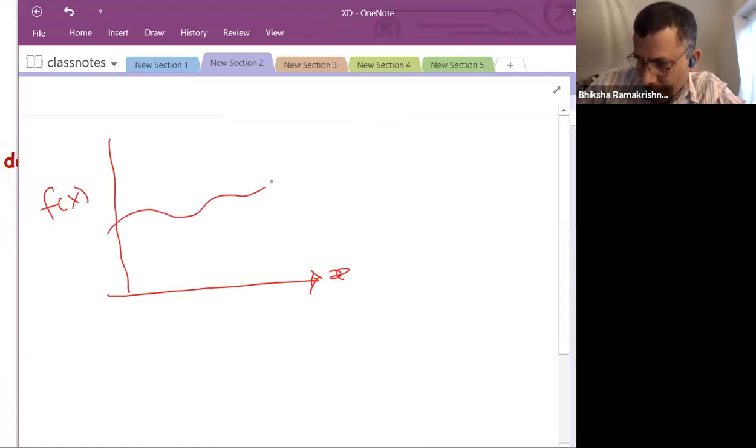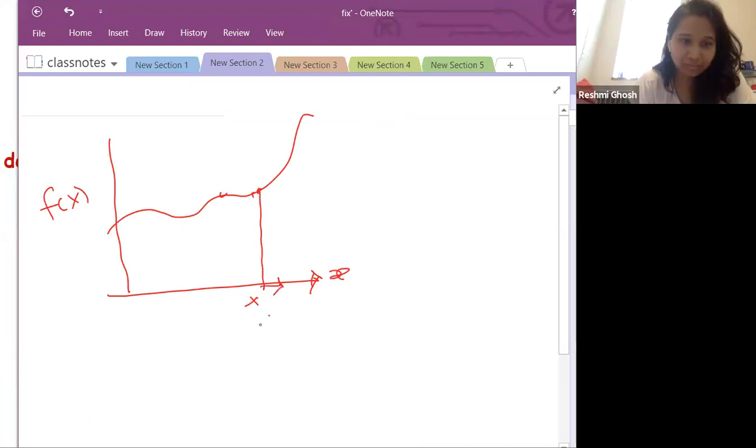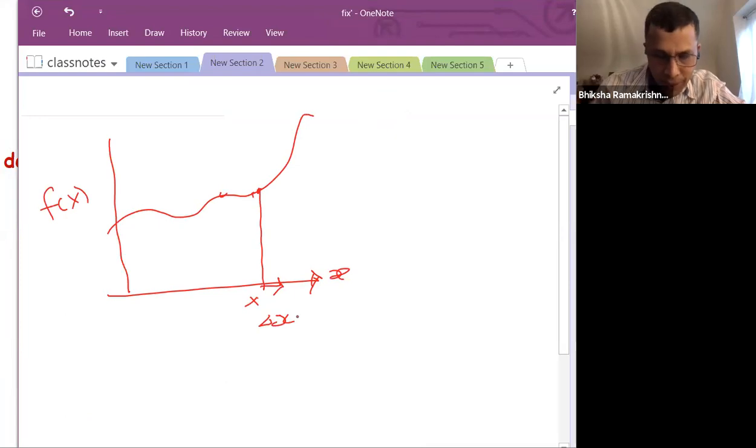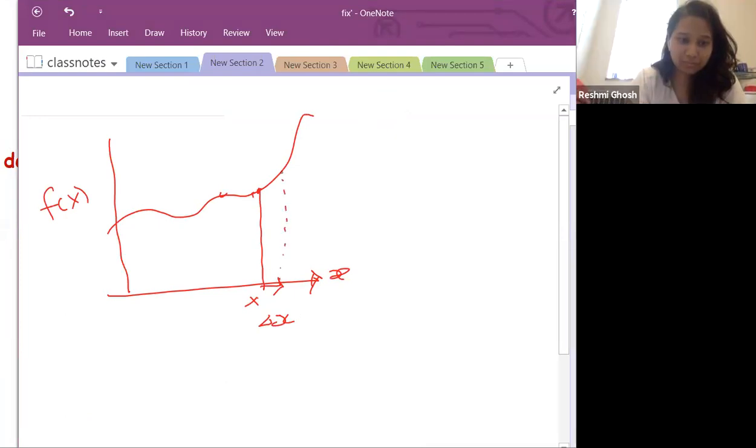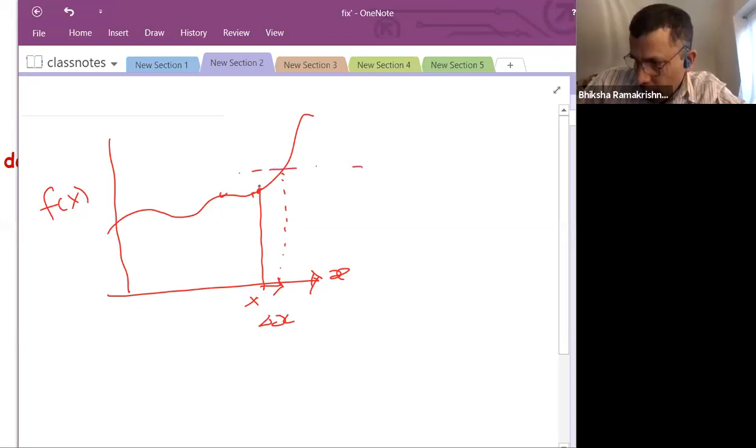That function takes some value at any point x. If I take a small step, a tiny step delta x in the forward direction, this results in a corresponding tiny change in the value of the function itself, which is delta f.